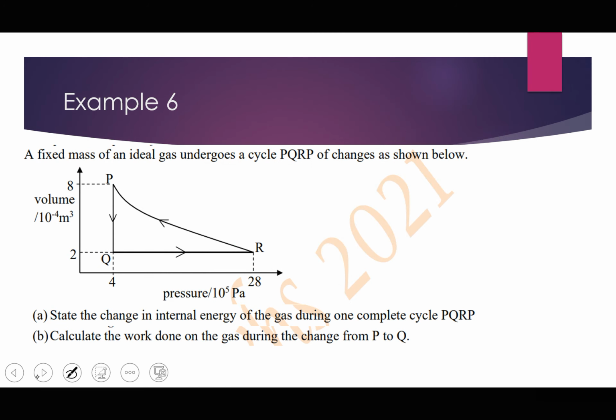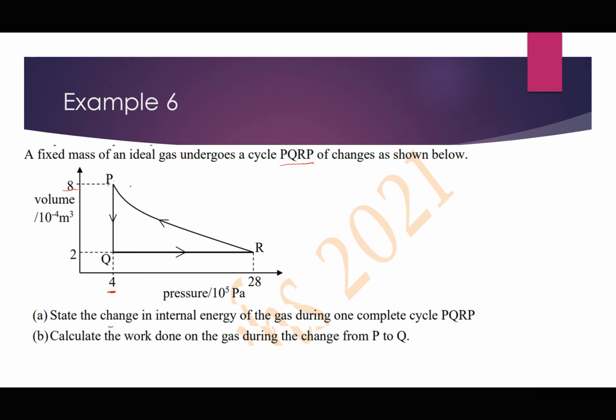Number 6. Example number 6, and perhaps it could be one of the last. A fixed mass of an ideal gas undergoes a cycle PQRP. We are coming back to the same point. That means if I started from point P using this pressure and this volume, and I come back to point P, I'm coming back to the same temperature.